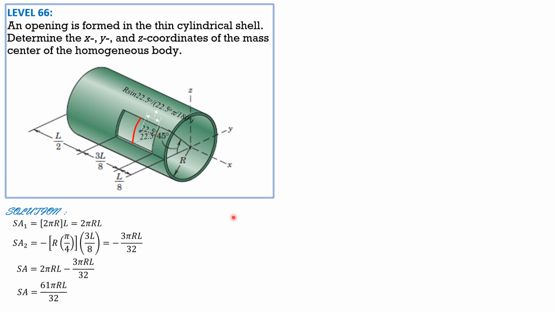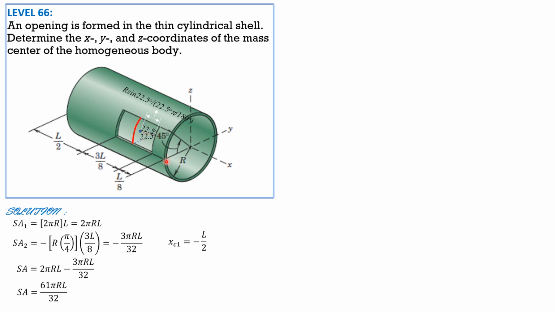Applying Varignon's theorem, remember x sub C1 of the cylinder is here, negative L over 2, and x sub C2 is here along this path.